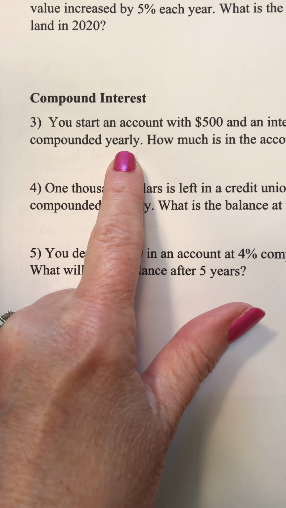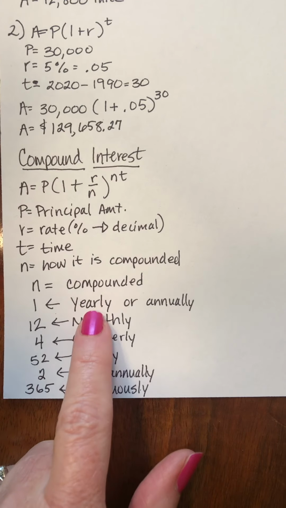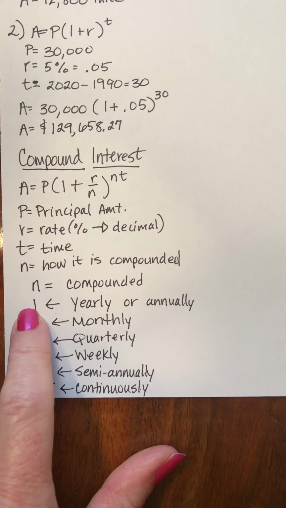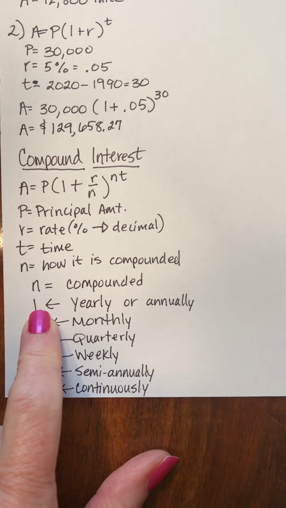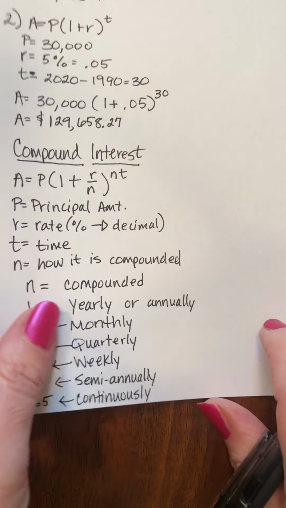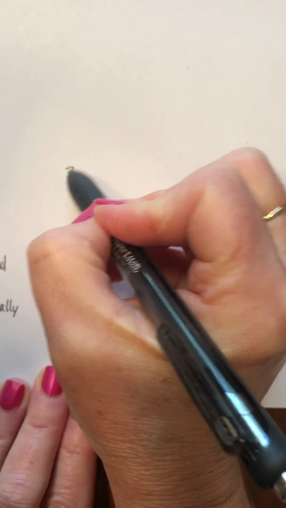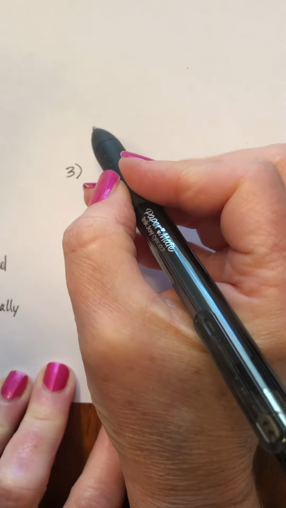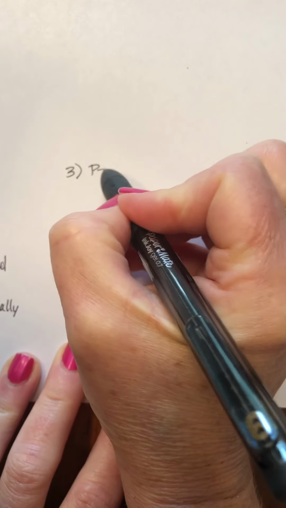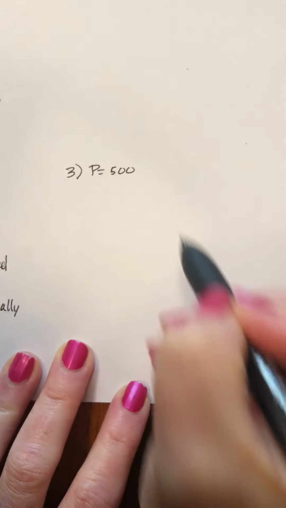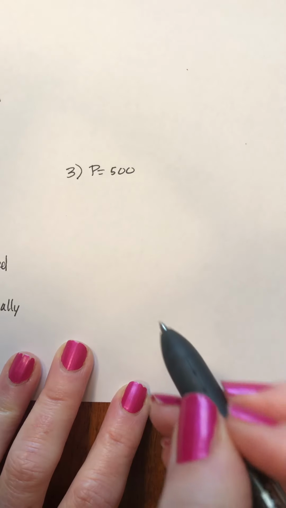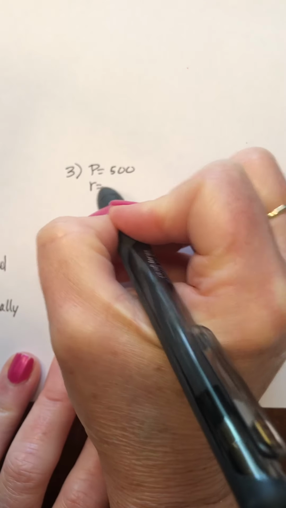That is your N. And that's where you need to come back and look for, okay, yearly meant 1. So N is going to be 1 in this case. So for this particular problem, and this is actually example 3, our P, we start with $500. The rate was 6%.